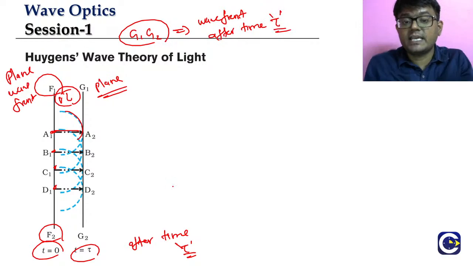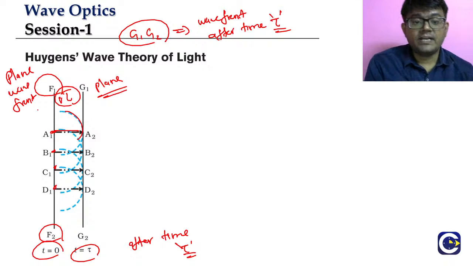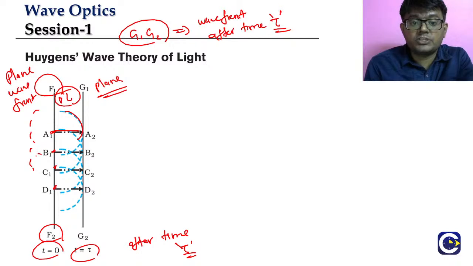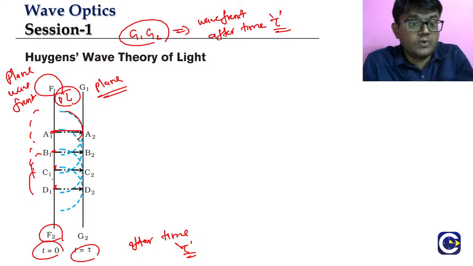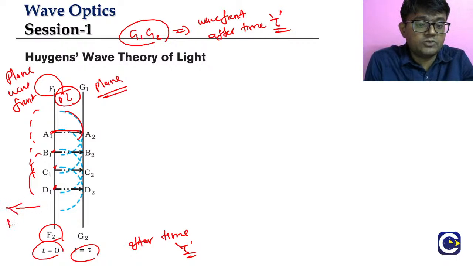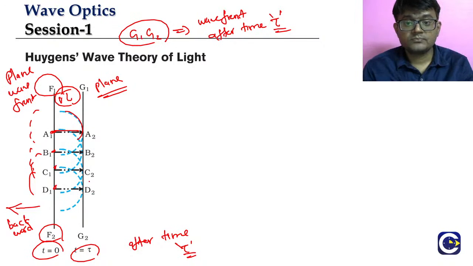Here also we can see that from the point A1, we should have the secondary wavelets going in the opposite direction also. Means there should be a wavefront which we can create in the backward direction also.